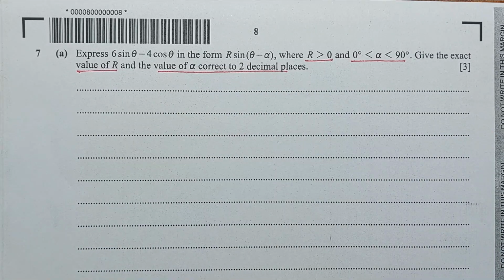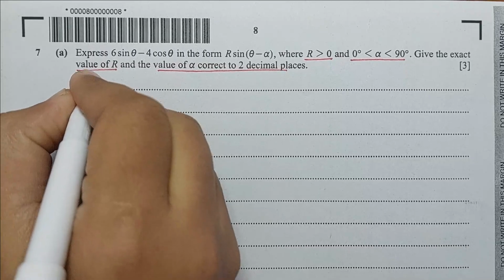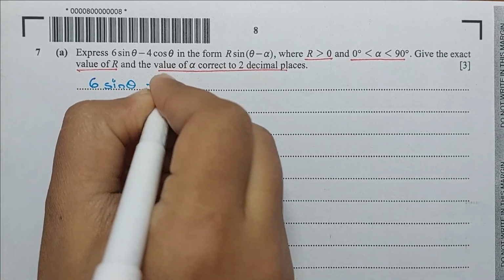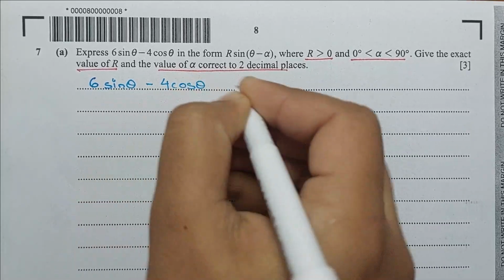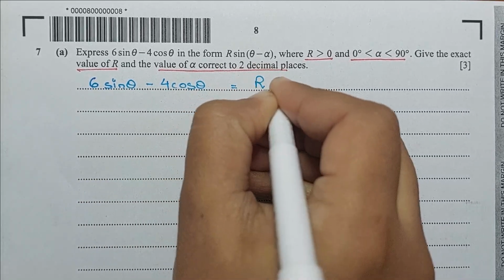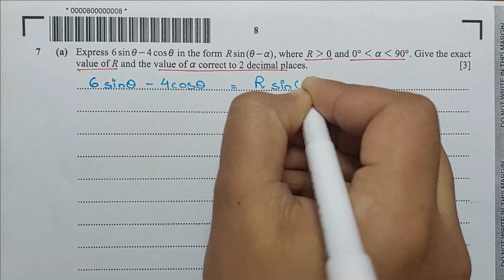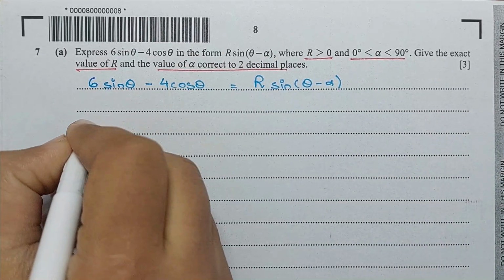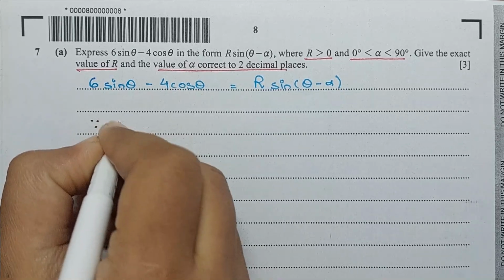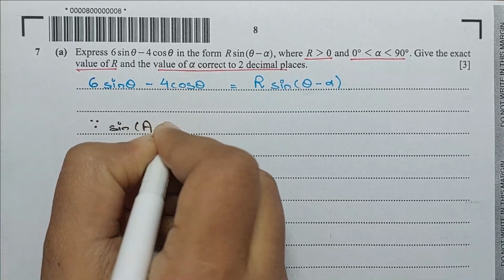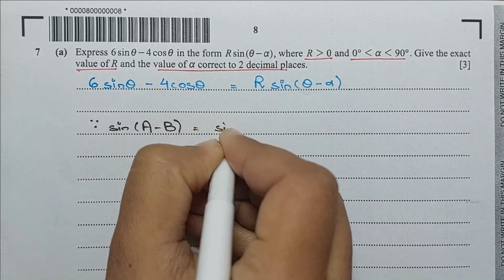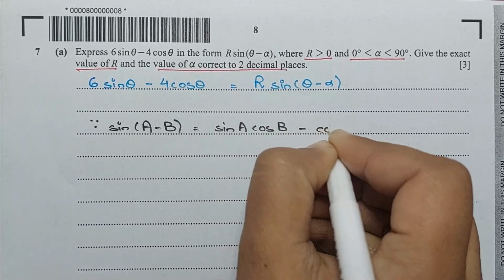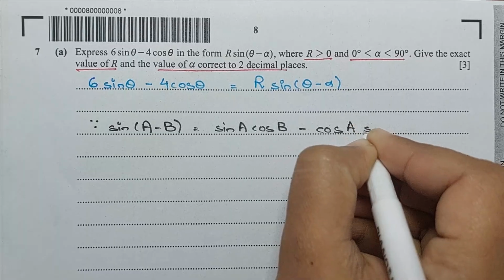Okay, so we need to express 6 sine theta minus 4 cos theta in the form r sine theta minus alpha. Now we need to use a difference formula: sine a minus b equals sine a cos b minus cos a sine b.